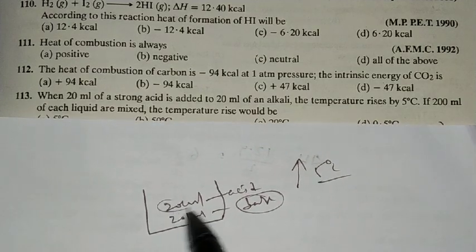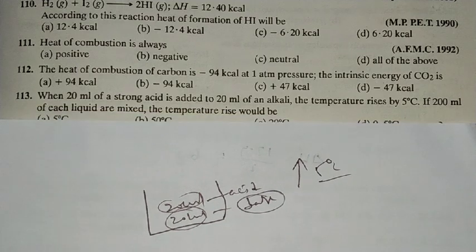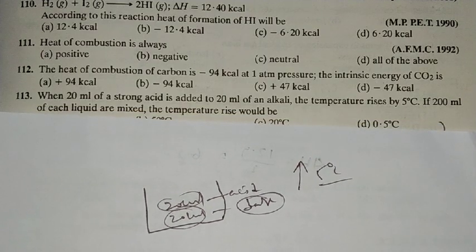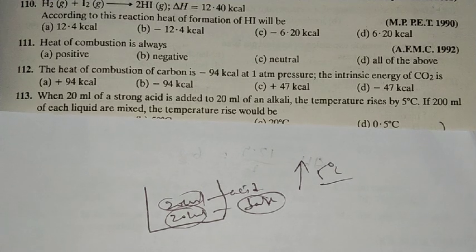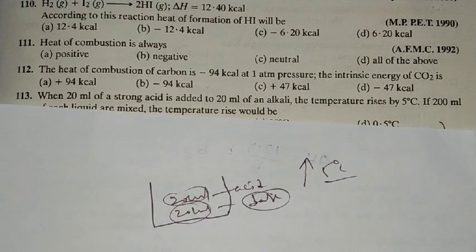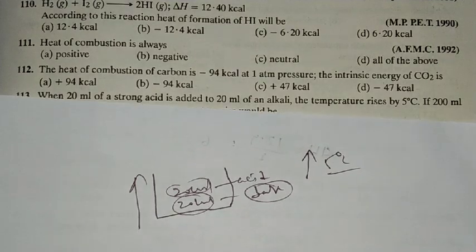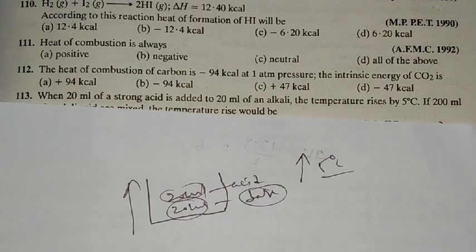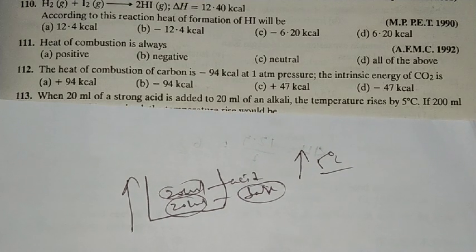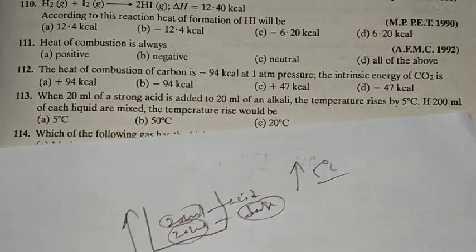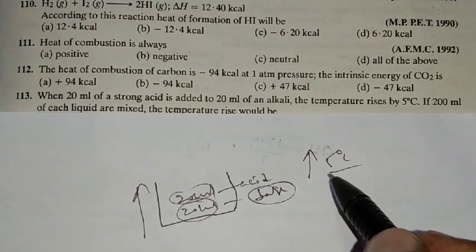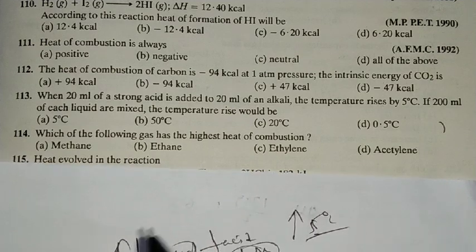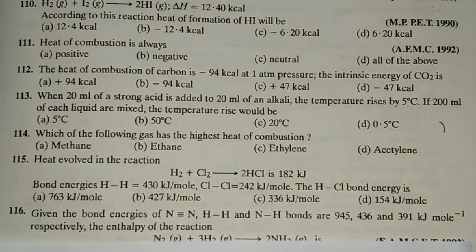Now in place of 20 ml, they are adding 200 ml of both. Both are equal again. So one logic is that heat capacity increases in the same proportion. Heat capacity also increases in the same proportion. That means the rise in temperature is the same. Nothing changes, because both are the same. Hence the temperature also rises the same. The same temperature we can take as the answer. Is it clear? Right. Look at the next question.